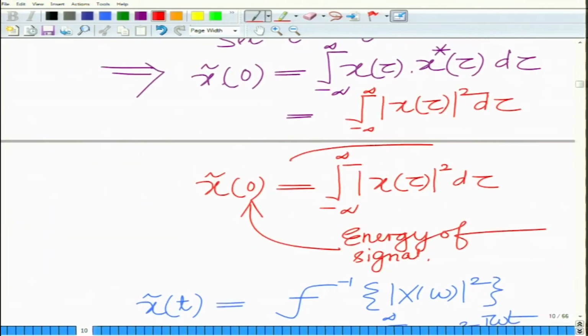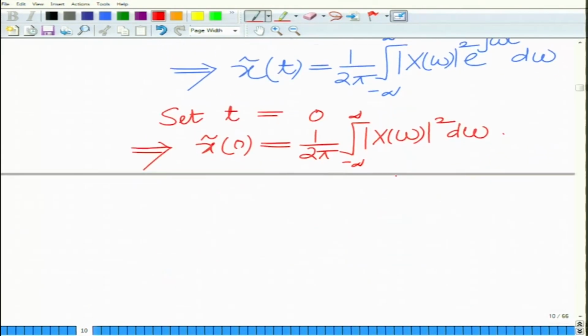We have x tilde 0 equals the integral from minus infinity to infinity of magnitude x tau squared d tau, let us call this relation 1. We also have x tilde 0 equals 1 over 2 pi integral minus infinity to infinity magnitude x omega squared d omega, let us call this relation 2.